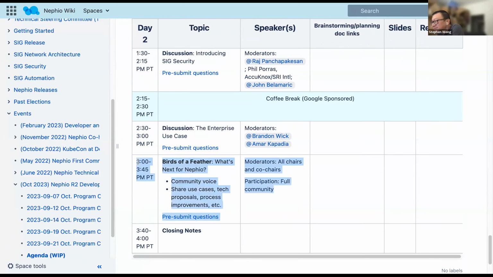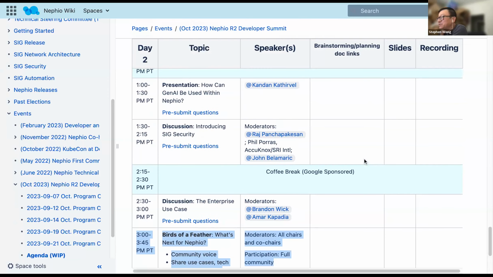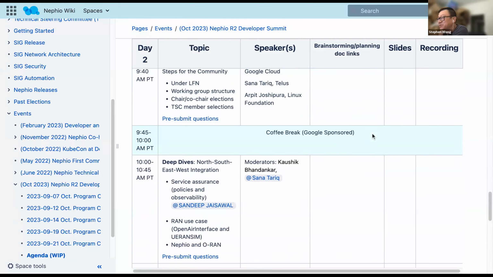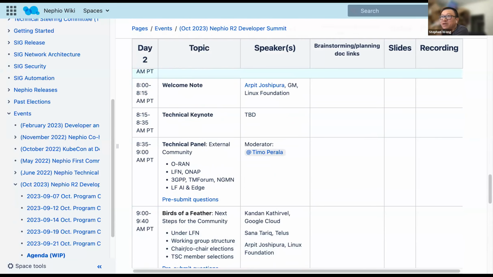We'd rather make that something a little more interactive. Let's see what to do, because as John said, this is basically more R3 planning than R2 planning, because by the time we get to the summit, the development cycle is pretty much midway through the R2 release cycle.